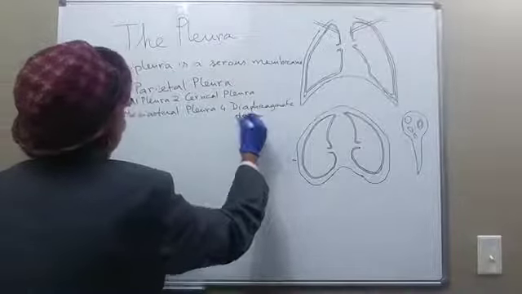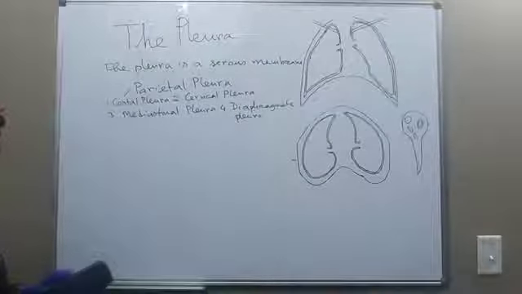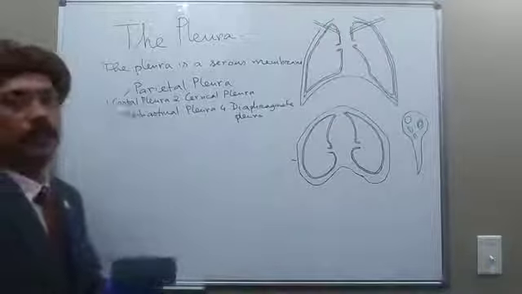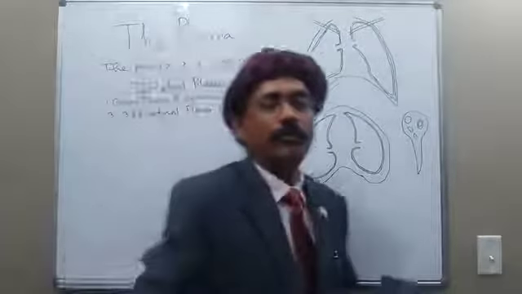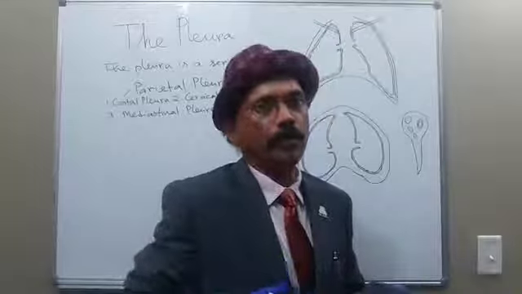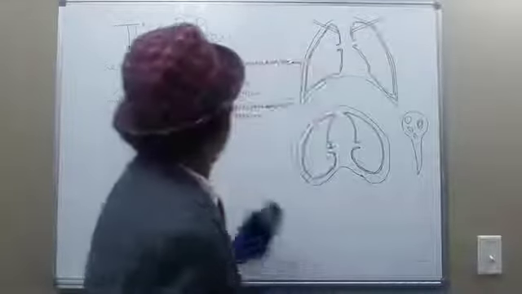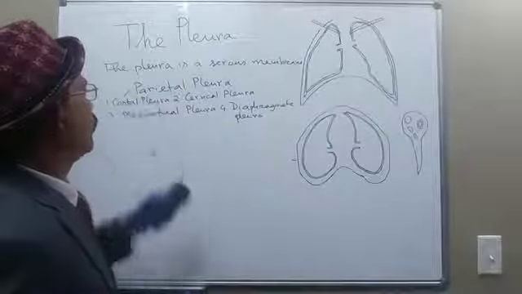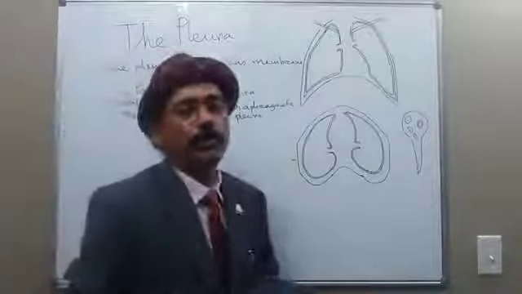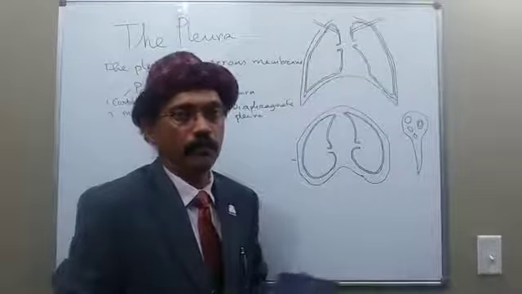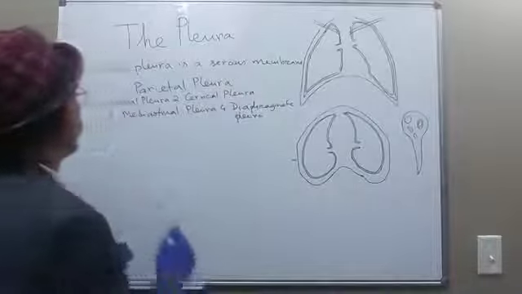So these are the components of the parietal pleura. The costal pleura lines the inner surface of the thoracic wall, and it is separated from the thoracic wall by means of endothoracic fascia. It is the costal pleura.